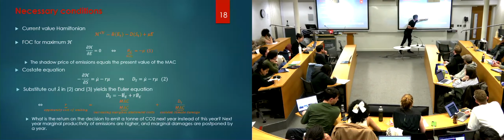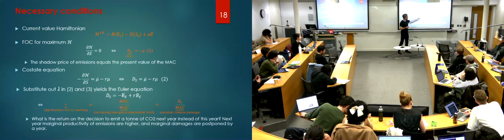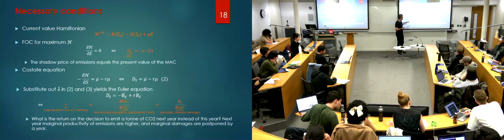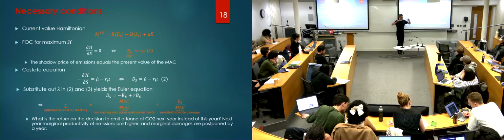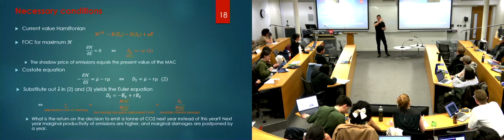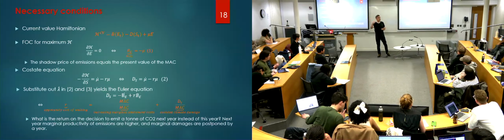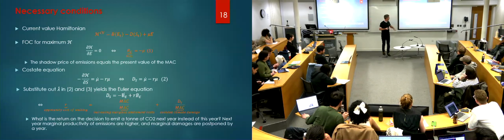we get this simple equation, which I rewrite in a way that is more intuitive. I have my optimal path, and I'm thinking, what is the effect of emitting 1 ton less today, and then I emit 1 ton more next year.